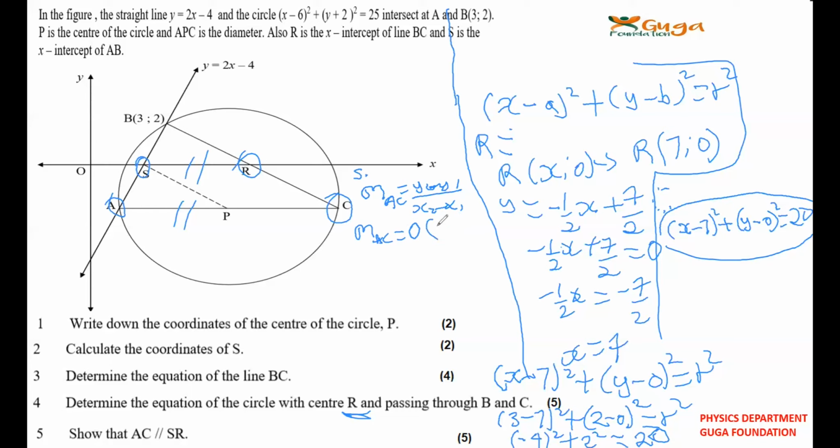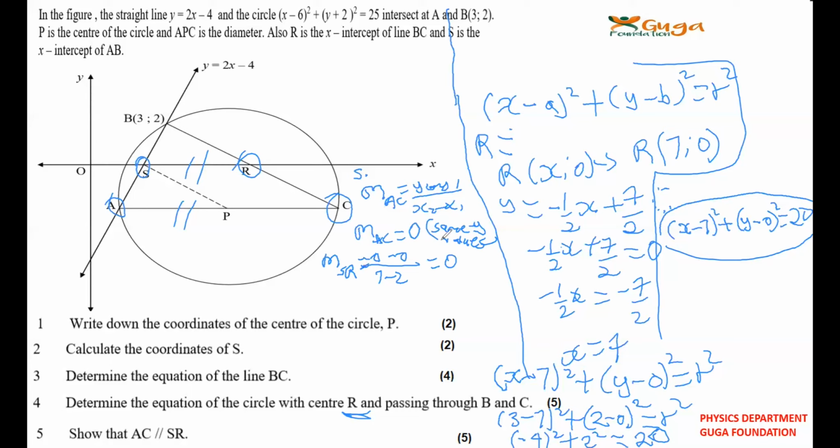And then for M of SR, you know the coordinate of S, and you know the coordinate of R. So here it will be (0 - 0) over (7 - 2), which gives 0.